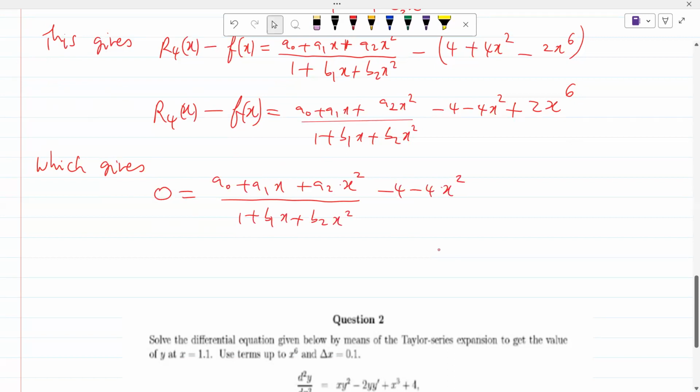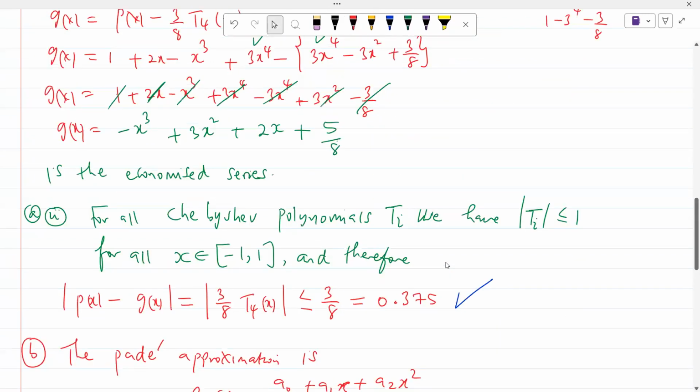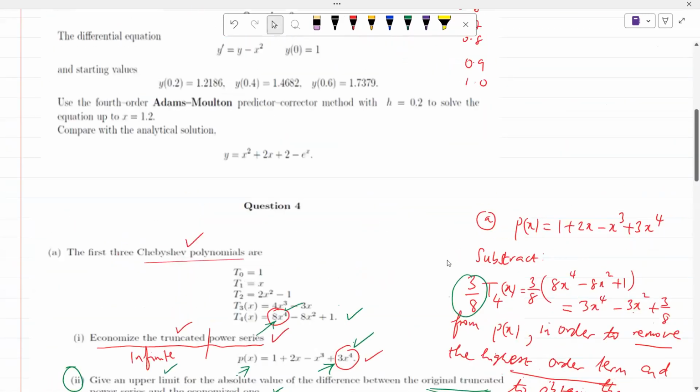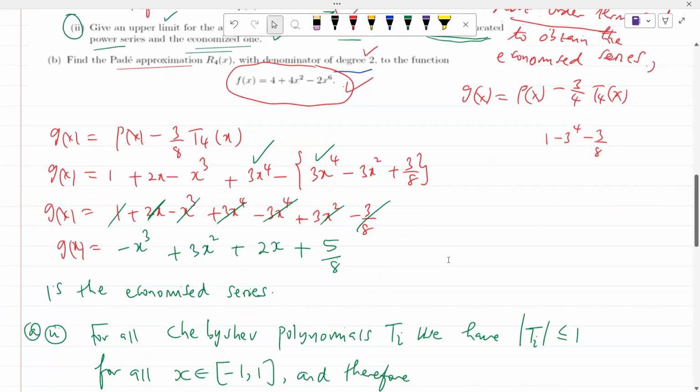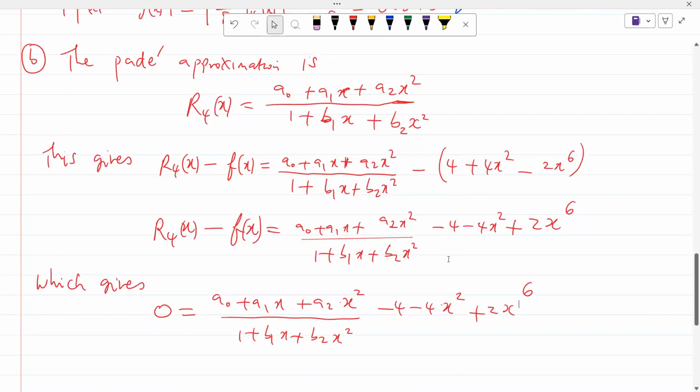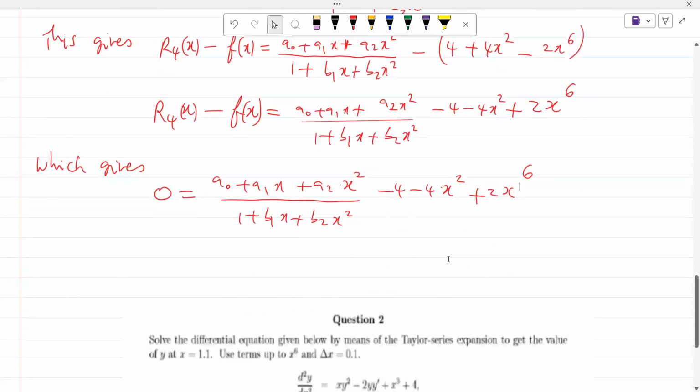So what should we learn from this question? We need to observe the formula for the Pade approximation R4 with degree 2, because it corresponds to the 2 degrees in both the numerator and denominator being the same.